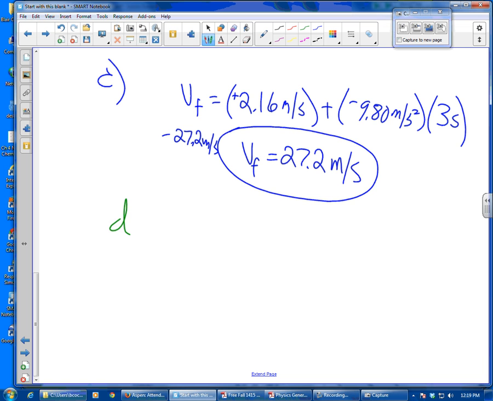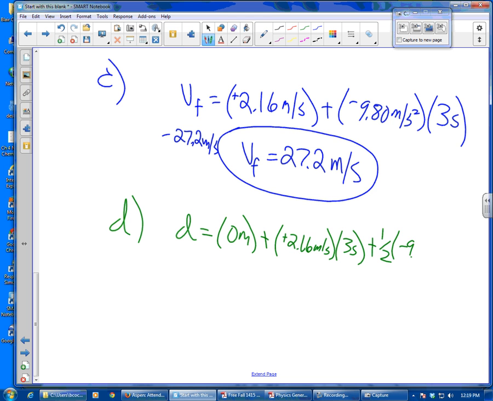And then up to D. In D, I'm using the exact same equation again. I'm looking for where it is. I'm going to call where it started 0 meters again. Its initial velocity is positive 2.16 meters per second. Time is 3 seconds, plus the 1/2.